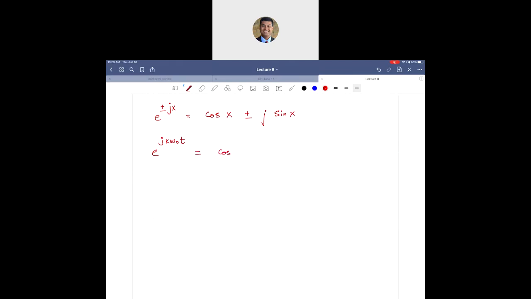Cosine k omega naught t plus and minus j sine k omega naught t. Boom. And omega naught is 2 pi f0, which is 2 pi divided by T. So you know that these are periodic with a cap T of 2 pi divided by omega naught. Let's come back here.